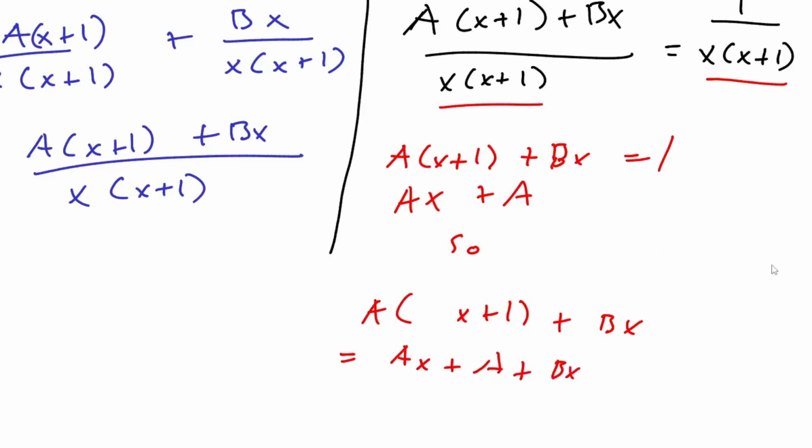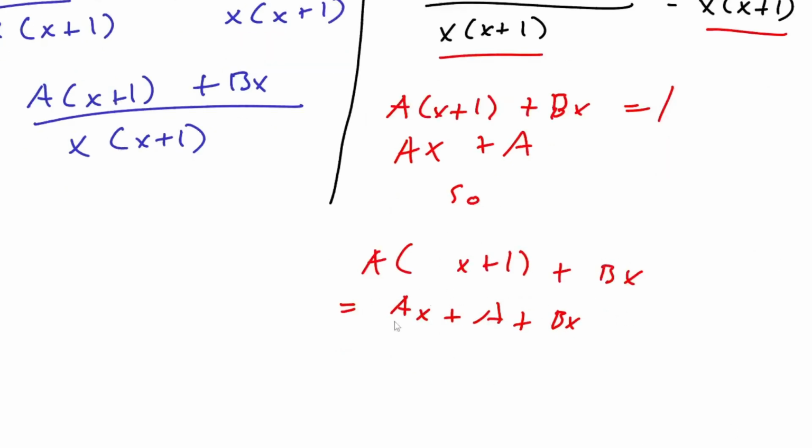Correct? We just expanded it. That's all we did. Now if we do some simple factoring here, we factor this and this in, we basically understand we'll get this: our a plus b, and then we get x outside, right? Plus a is equal to 1.